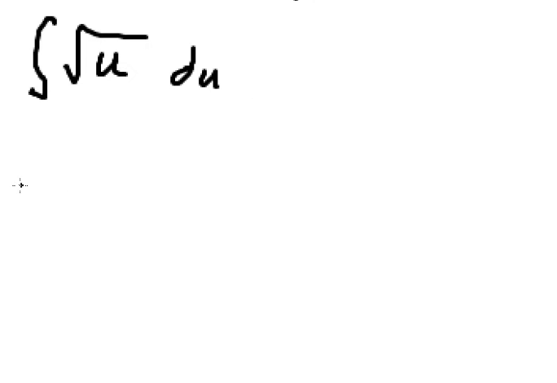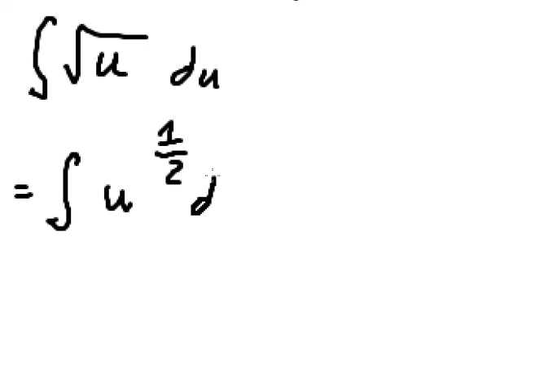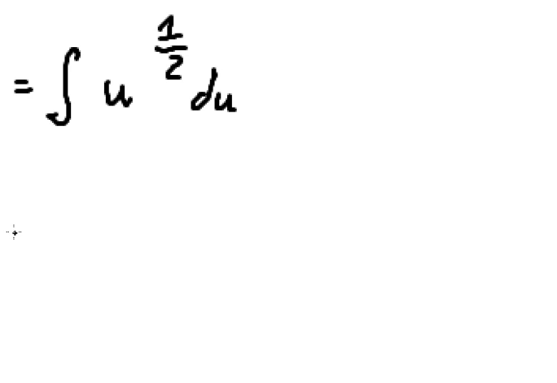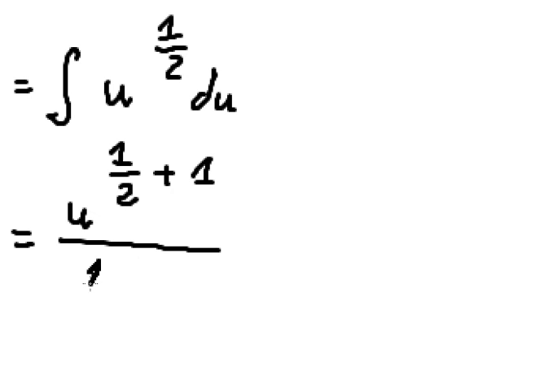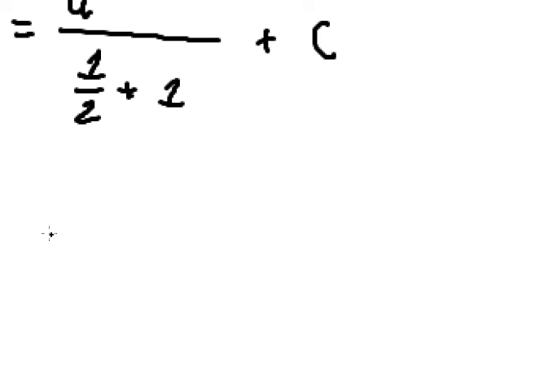So the square root, that is u to the power of 1 over 2. And we apply the same formula in here. So this one, we have u to the power of 3 over 2.